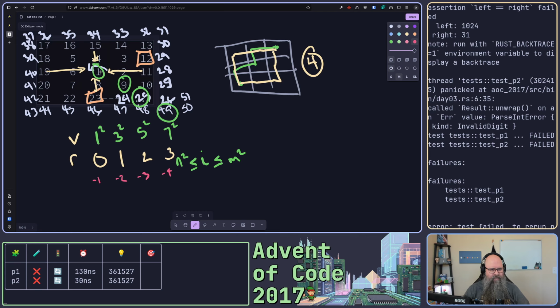Sorry. We've definitely found a pattern here, which is it's the squares of the odds. And the radius is this value minus how many we stepped.